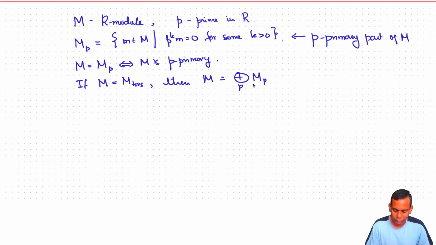And here only finitely many of these M_p will be nonzero if M is finitely generated. So what does this say in the case of the kind of modules that we associate to matrices? Jordan canonical form works over all kinds of fields, but in this course we'll just focus on algebraically closed fields. So let's take K to be an algebraically closed field.